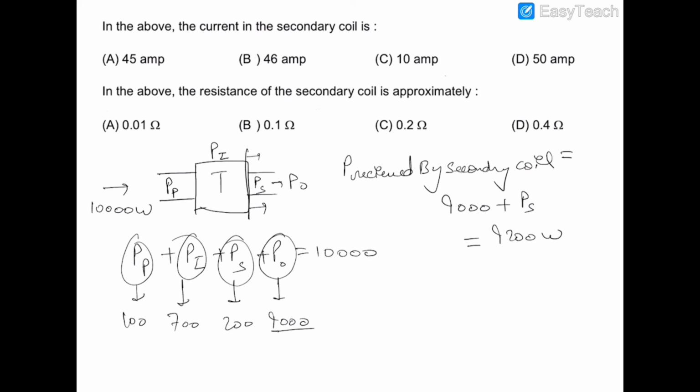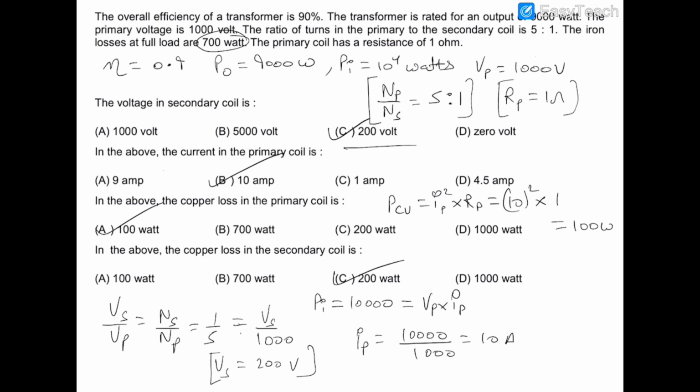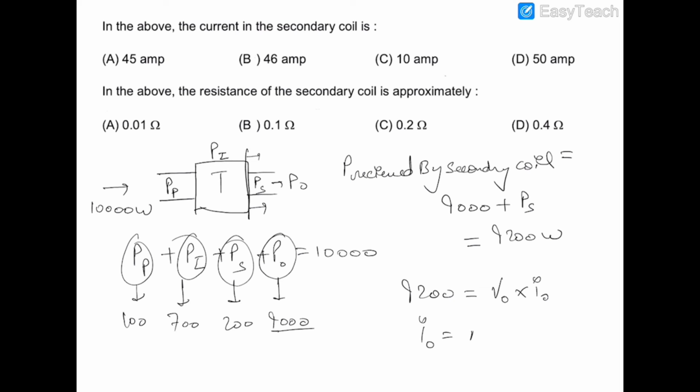So the power received by the output coil is 9200 watts, and after receiving that power, 200 watts is lost in copper losses. So 9200 is the received power, and it is equal to V output into I output. Now we know that the output voltage is 200 volts. So I output is 9200 upon 200. So it is 46 amperes, which is the output current. So the B option is the correct one.